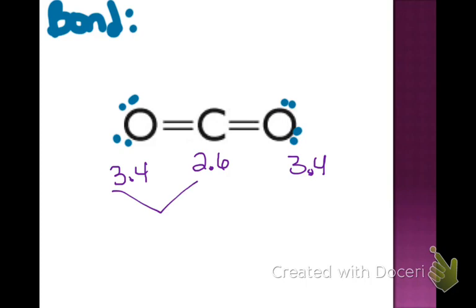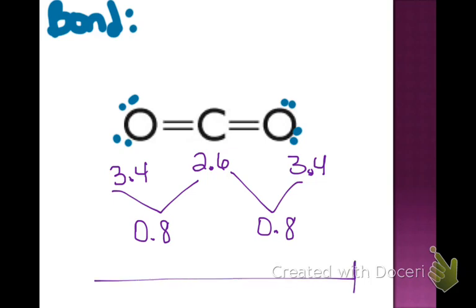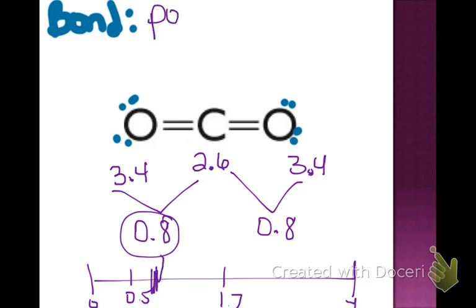You just need to do these two, and you could do the other two too, but they're going to be the same anyway. When we do that, we'll find that this is 0.8. This is also 0.8. If we think back to our scale from 0 to 4, with 0.5 and 1.7 as the boundaries, the 0.8 tends to fall right here, which is in the polar range. So the bond is a polar bond.